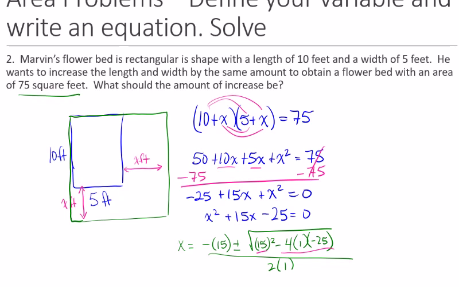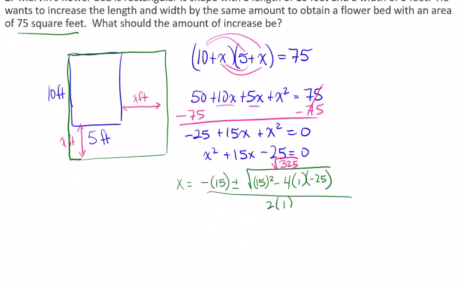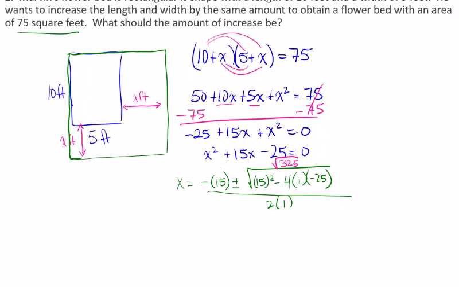This is positive 100, so it comes out to 325. And so 325 comes out to, let's see, negative 15 plus or minus 5 root 13. 325 is 25 times 13.